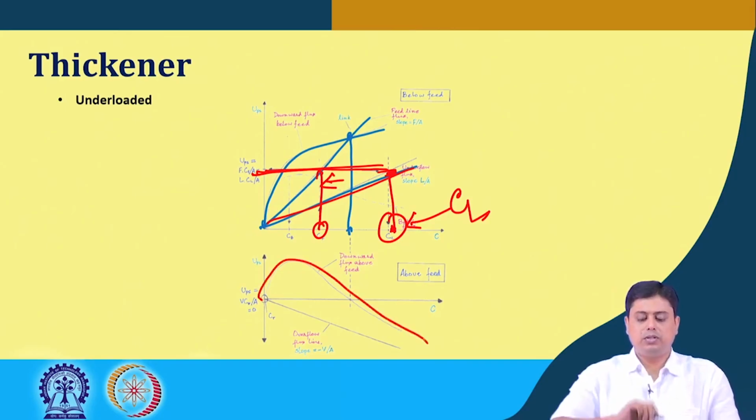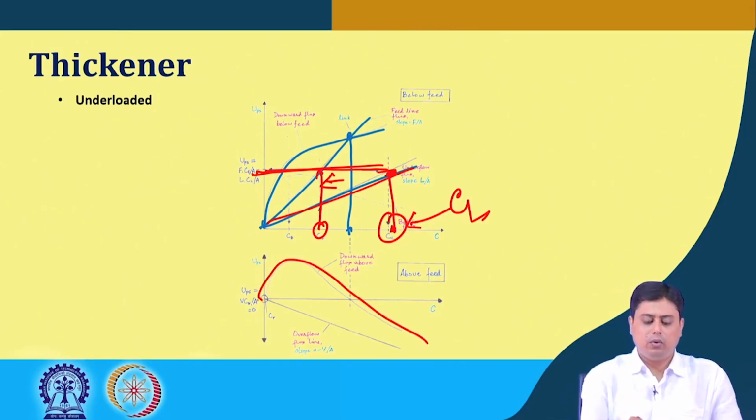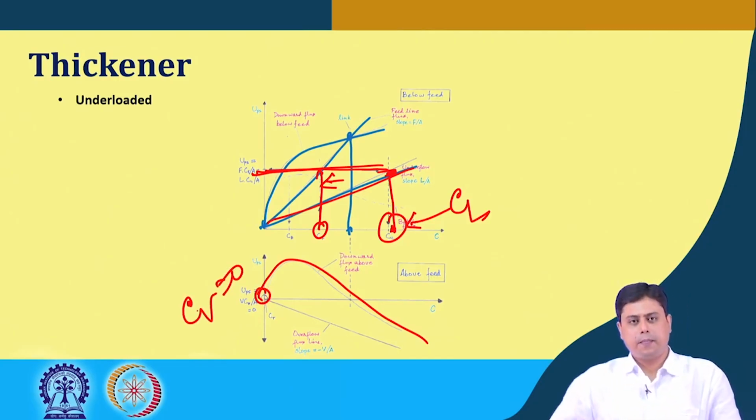This can also be seen from here, that the only possibility for Cv is 0. So, in the underloaded condition, everything is happening in the downflow region.